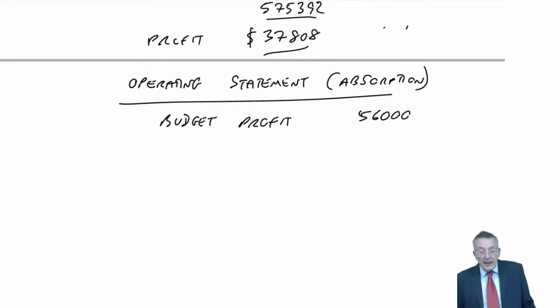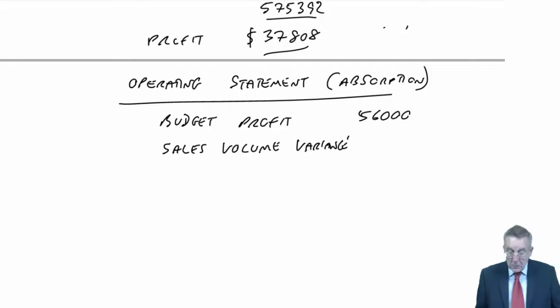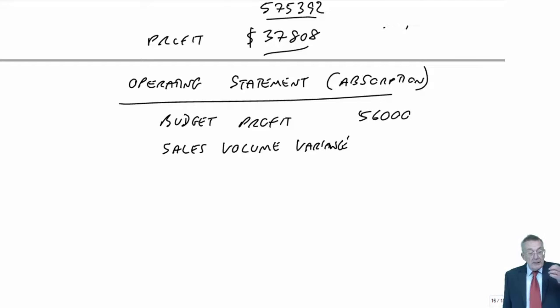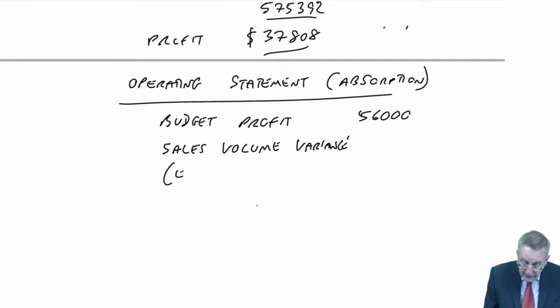But the first variance we look at, the most obvious one of all, is the sales volume variance. Just like we did last time, we say, well, how many units did we sell? 8,400. How many units did we budget on selling? 8,000. We've sold 400 more units.